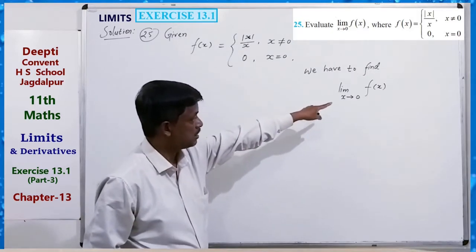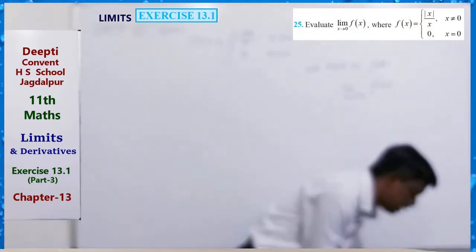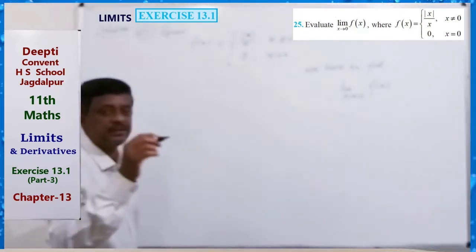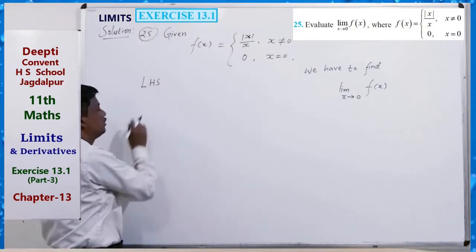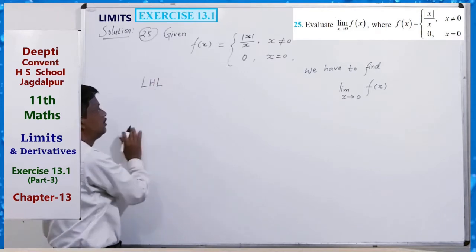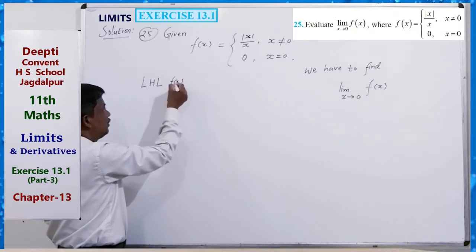We have to find the limit as x tends to 0 of f(x). For that, we have to find the left hand limit of f(x).